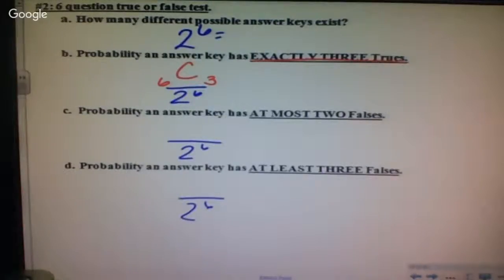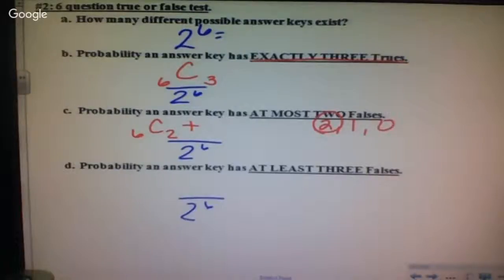Okay, think about part C. At most, 2 falses. 2, 1, or 0. So at most 2 means I've got 2 falses, 1 false, or none. I need to write all of those as a combination. So I need to write, I have 6 and I want 2.